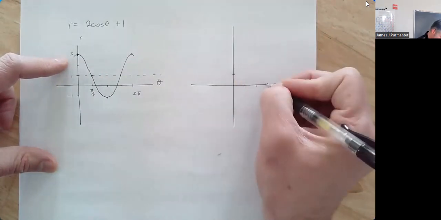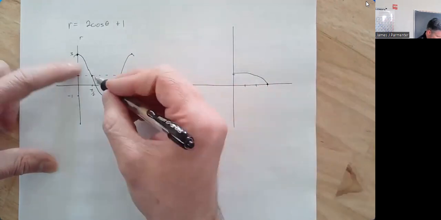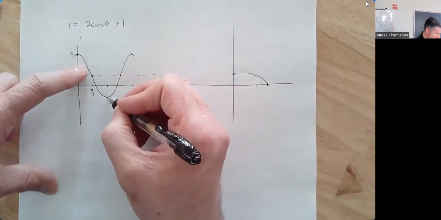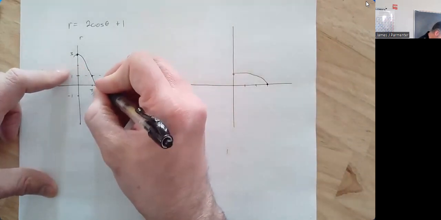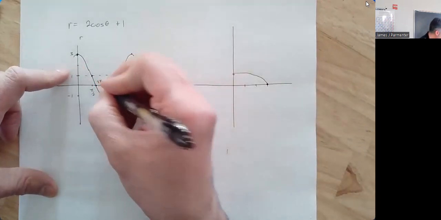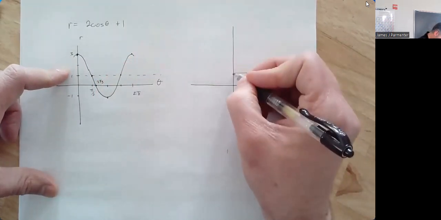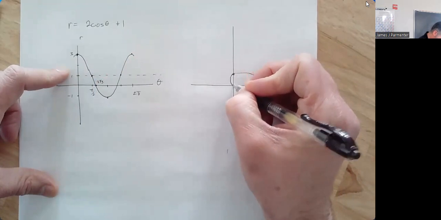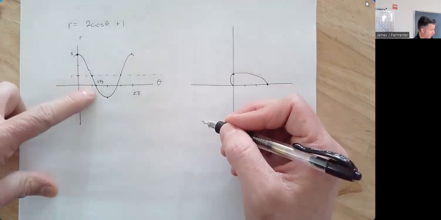So I'm going to end up kind of like that. And then from there to there, although I didn't draw it very well, that's my 2 pi over 3 angle. And so when I get to an angle of 2 pi over 3, I have to come in and hit the origin. And then even though I'm going to be in the third quadrant, my values are negative.